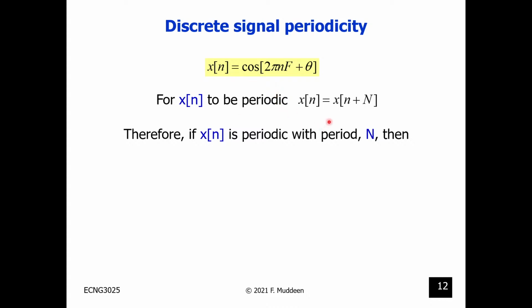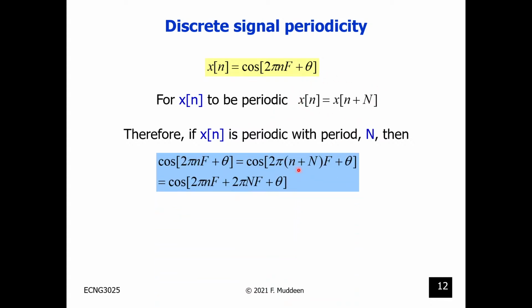If we try to prove this using the periodic property for x of n that we just saw in the previous slide, and we apply it to this x of n cosine signal and expand it out, we end up with a capital N and a capital F component.